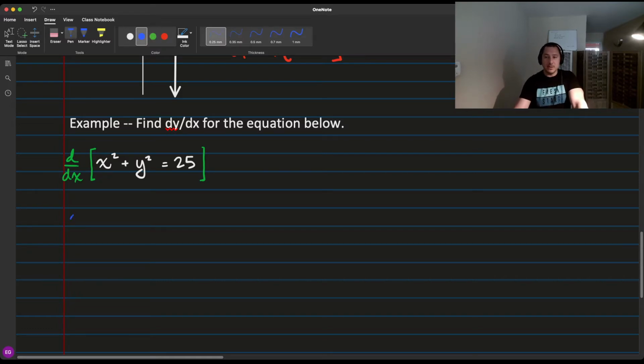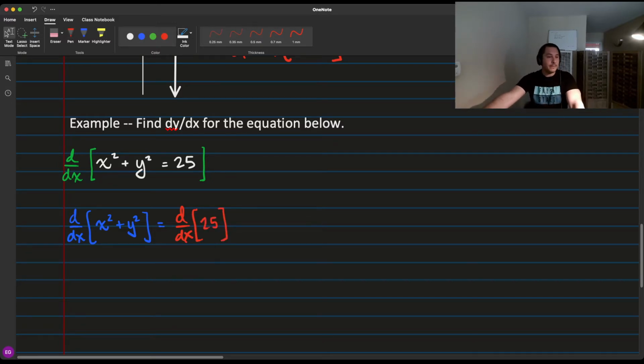So I'm going to take the derivative with respect to x on the left, and the derivative with respect to x on the right. What happens on the right-hand side?